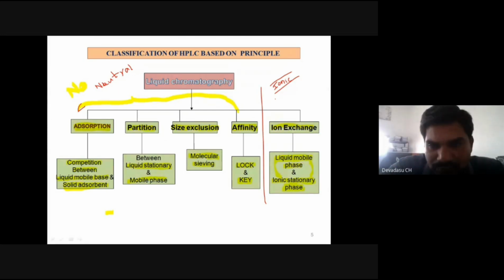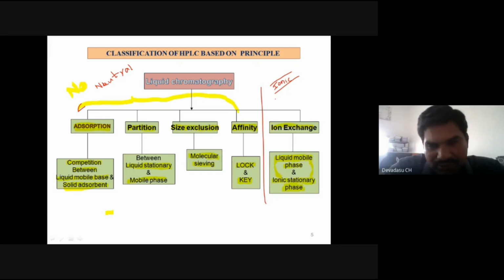In that case, we have to choose ion exchange chromatography. So the selection of the chromatography technique is based on the type of the sample mixture being analyzed. Okay. So there are two broad options for selecting the chromatography technique, whether the sample is neutral or ionic.